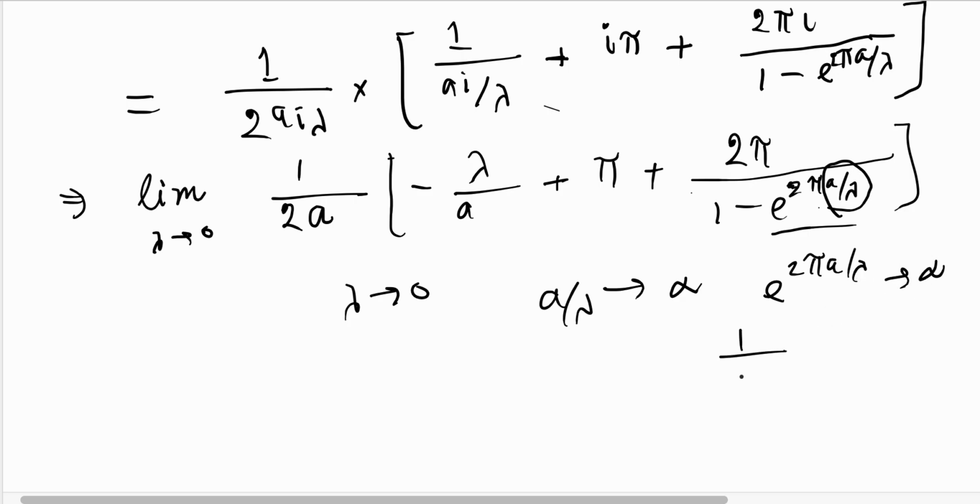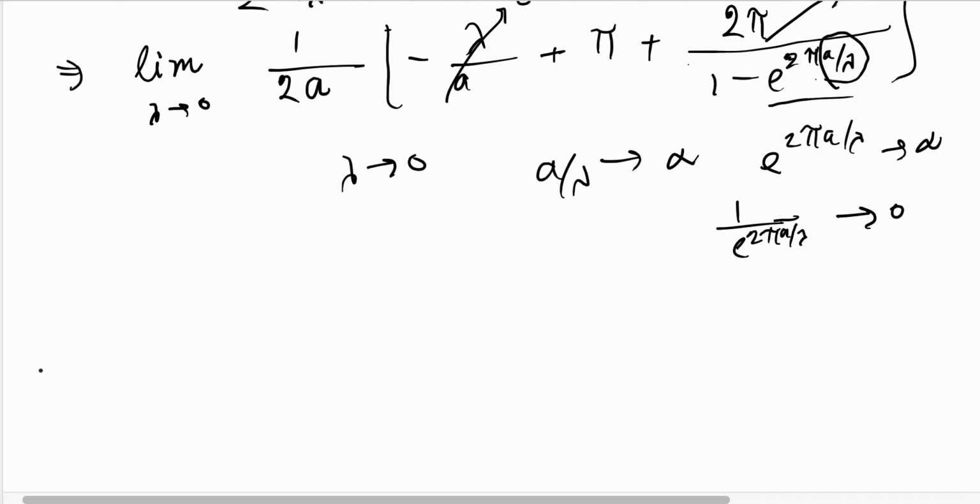Now 1 by e to the power 2 pi a by lambda, since it tends to infinity, tends to 0, so we can neglect it. In the lambda going to 0 limit, this term goes to 0, and since a is finite, this term also goes to 0, so what I am left with is pi by 2a.